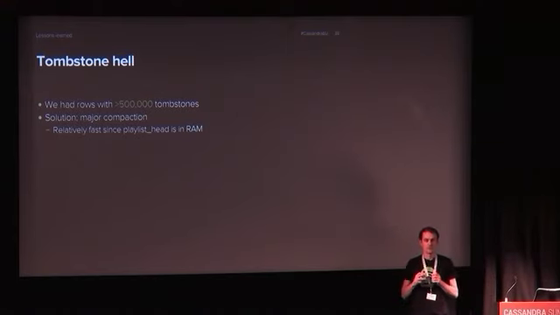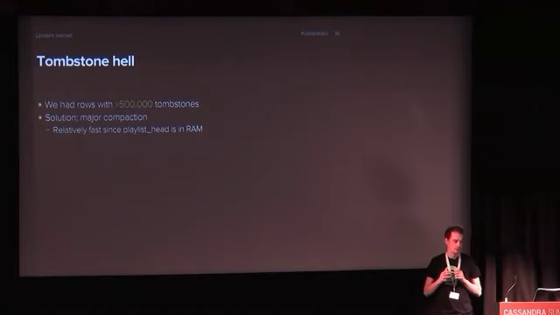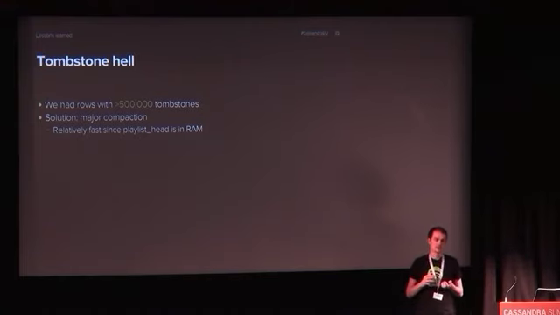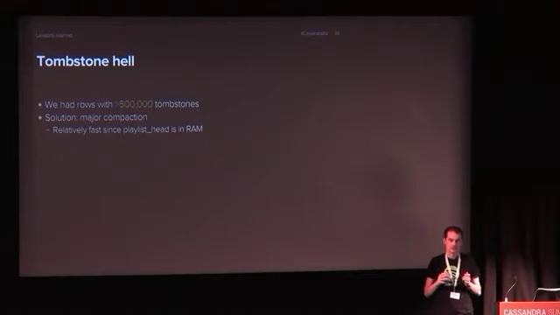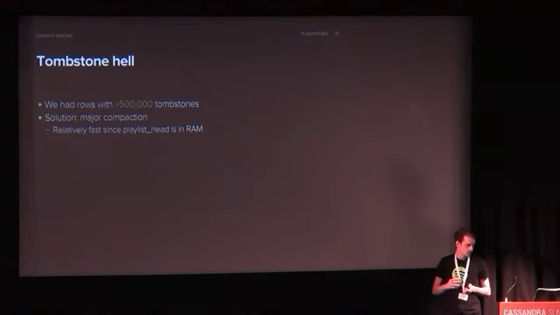But for this one, which is a fairly small column family that fits in RAM, running regularly scheduled major compaction weekly is actually not that bad. It just takes, I don't remember the number, 15, 20 minutes or so. And then we get rid of all the tombstones. Awesome.